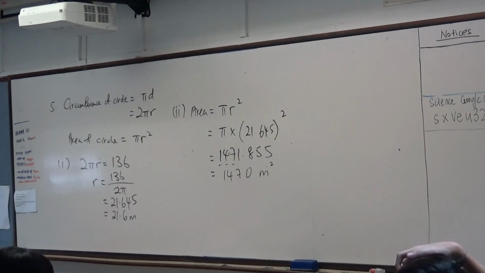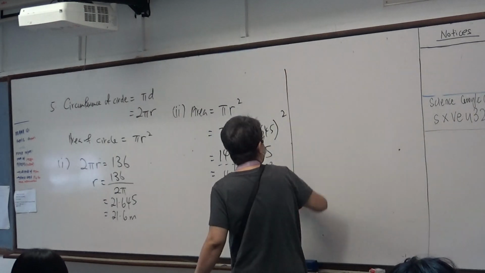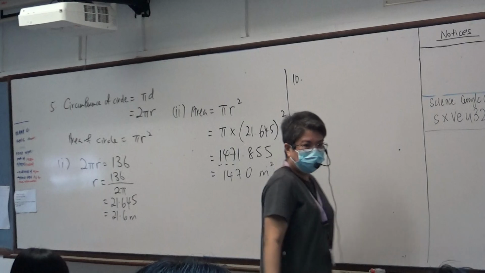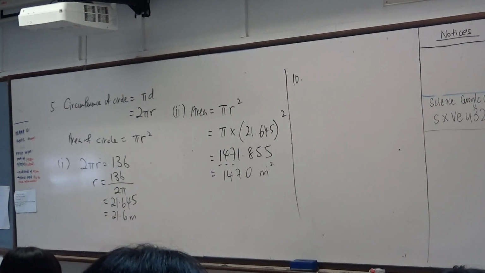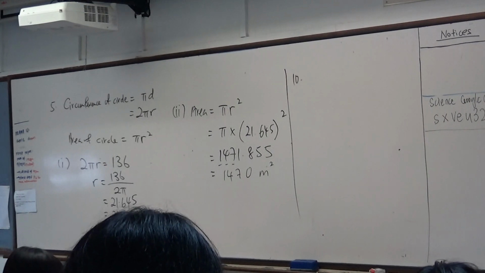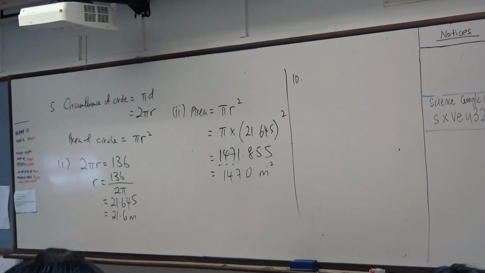Okay, good. Now, next, I want to look at question number 10. All of you look at question number 10 now. Find the area of a rectangular field measuring 27.04 meters by 20.21 meters.